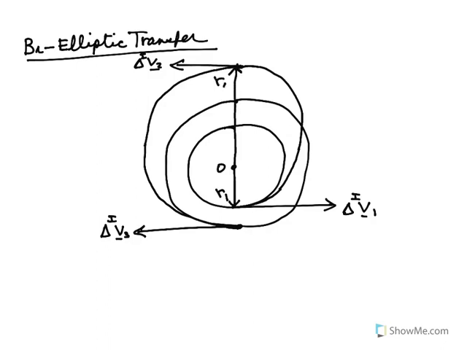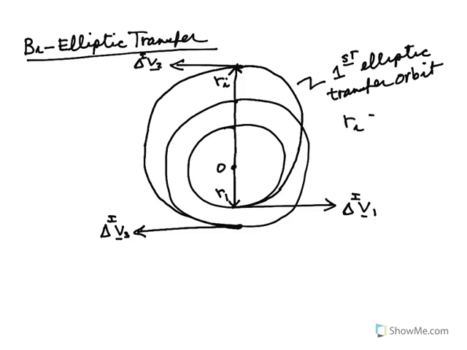Now, this intermediate apoapsis, which is shown here in the diagram and referred to at the top as r sub I, corresponds to this first elliptic transfer orbit. And Ri, which is this intermediate apoapsis, is chosen such that it's bigger than or equal to R2.